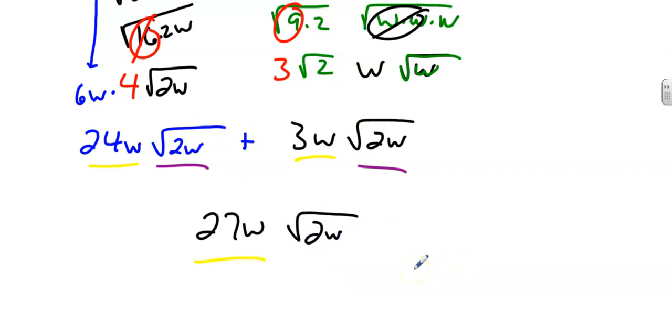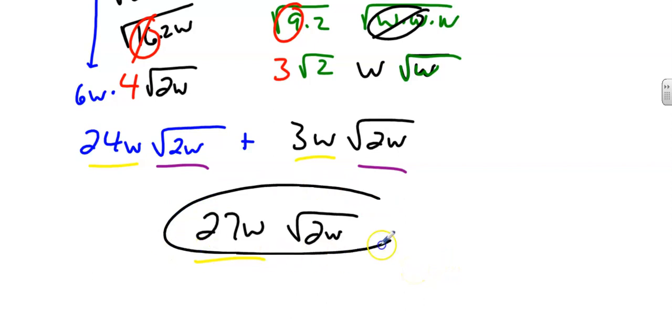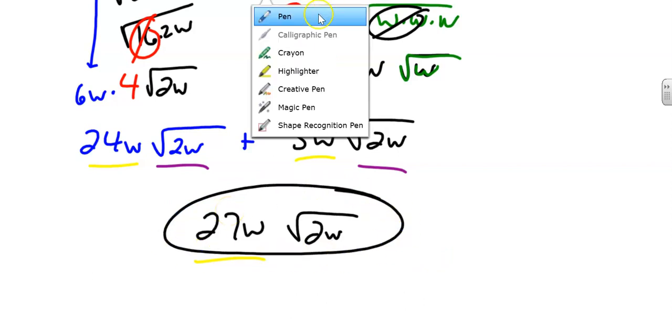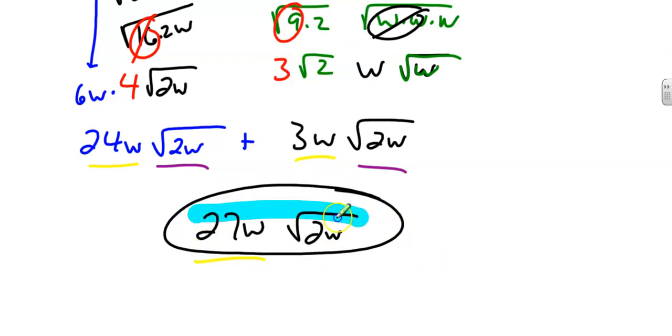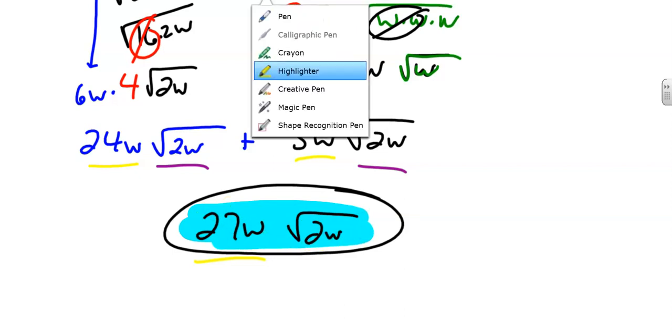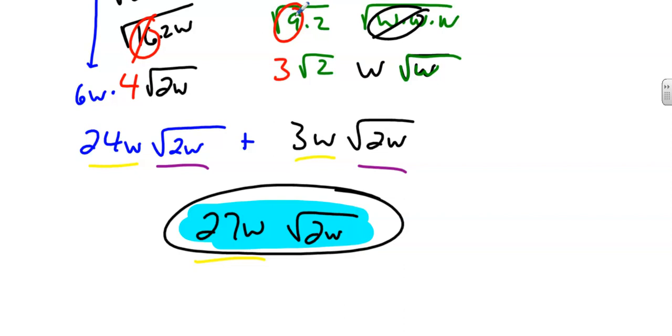So just say square root of 2w. Once you break it down, the square root is basically like a variable. If those two things were different, if this was a 2w and this was a 3w, you can't add those together. You just have to say it's two separate radicals.